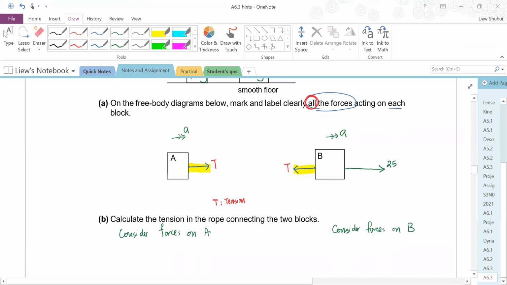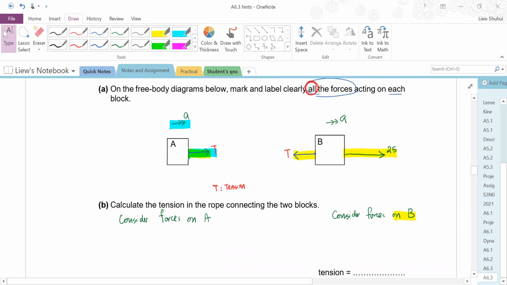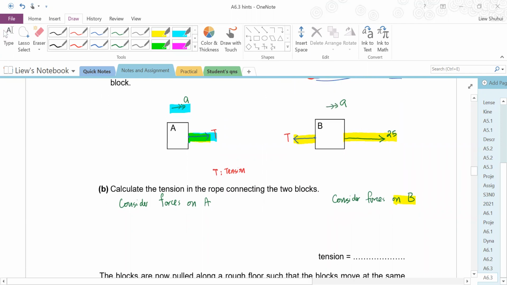So please consider forces on A in the horizontal direction that causes the mass of A to accelerate, as well as forces in the horizontal direction on B to cause the mass of B to accelerate. From there you should get two equations, can then solve for tension T.